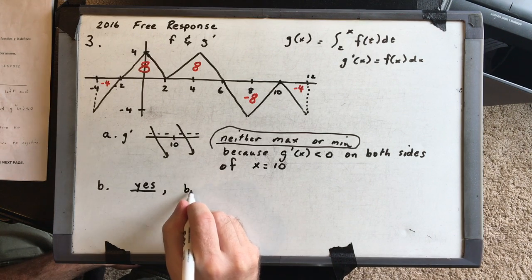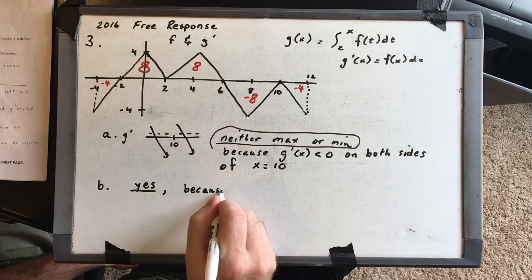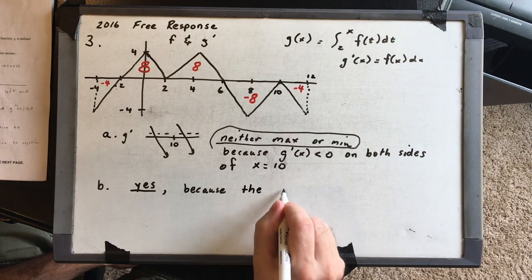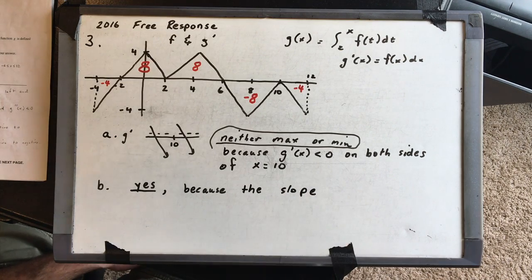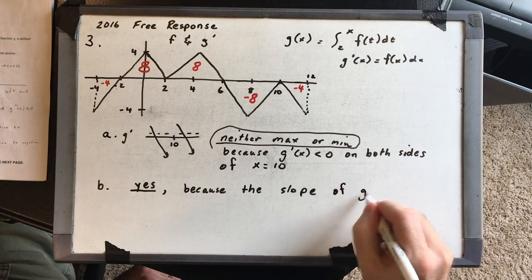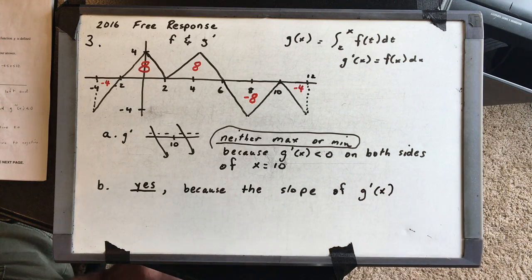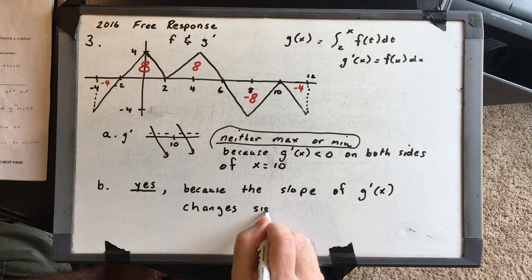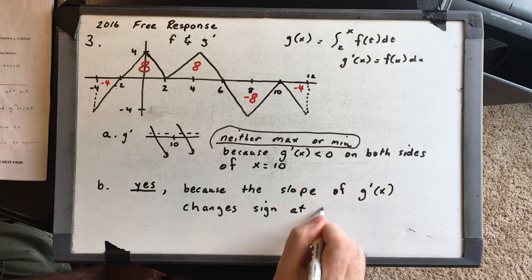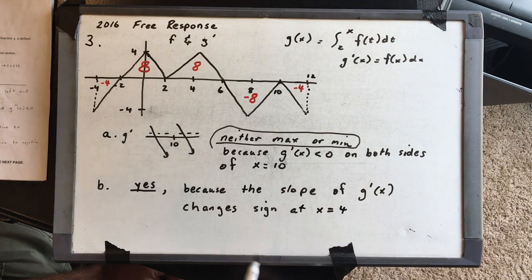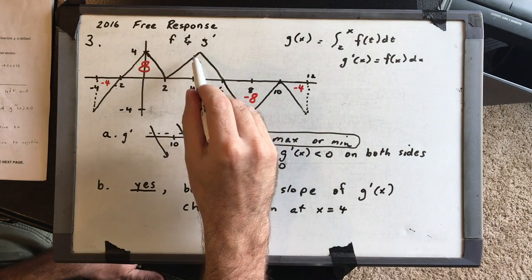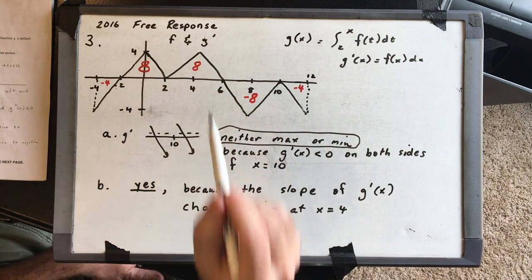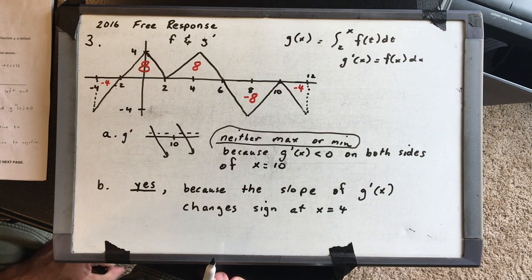And the justification is because the slope of g prime of x changes signs at x equals 4. In fact, to the left of 4, it's concave up because it has a positive slope. And to the right of 4, it's concave down because it has a negative slope.